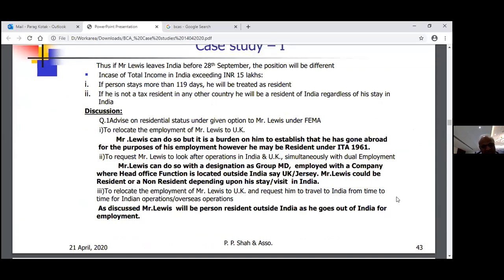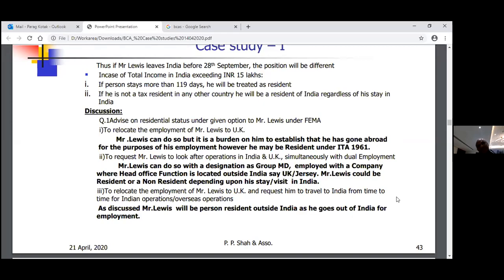Probably if he is treated as NOR under section 6(6) of the Income Tax Act, then we can advise him that yes, the scope of income under section 5(2) for a non-resident is the same as that of residents, as well as certain income earned outside India, accrued outside India, from a business controlled in or from a profession set up in India. So that's only the dark side of the status of NOR.